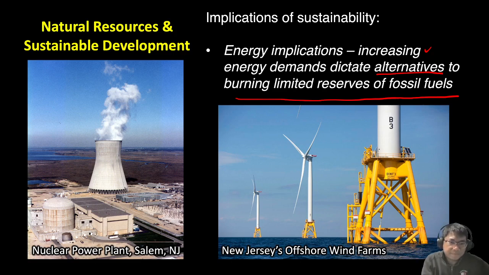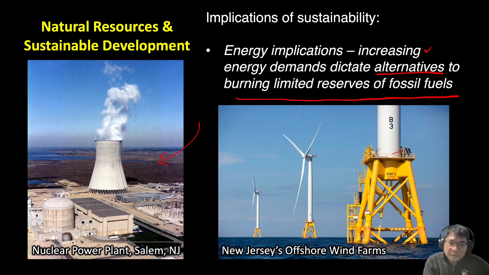So for example, here is one alternative energy resource. On the left side of your screen, you are seeing a nuclear power plant in New Jersey, and this is just one of them. If you think that we don't have any nuclear power plants here in New Jersey, you are incorrect, because there are actually multiple nuclear power plants in and around New Jersey.